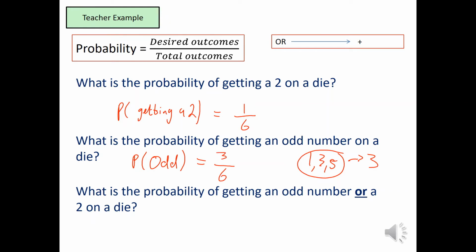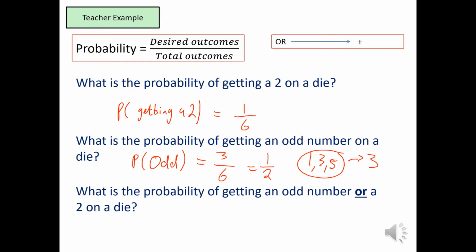So that is 3 over 6. Can we simplify this? Yes, we can. We can simplify that to 1 over 2, which is a half. Guys, just remember, in mathematics, we don't put the equals on the side of this equals, we put it directly below. I just didn't have any space here, but just make sure you put it directly below.